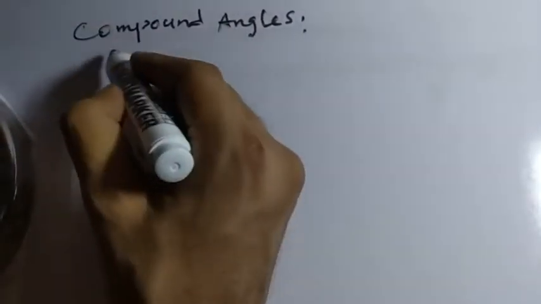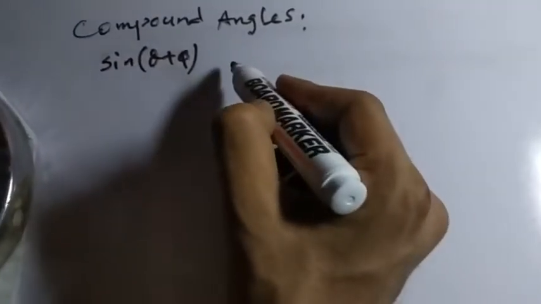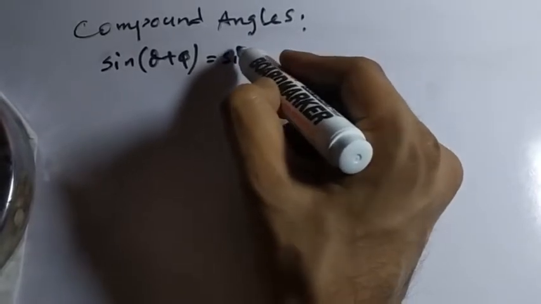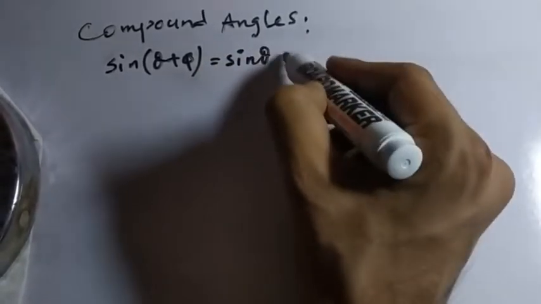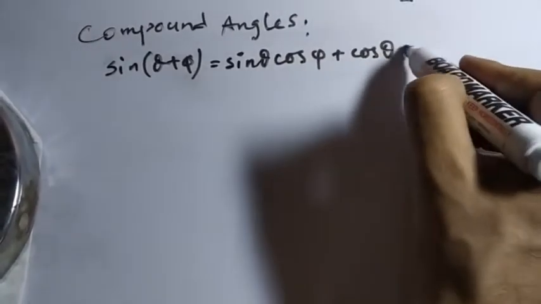the first formula we have seen is that sine of theta plus phi becomes sin theta cos phi plus cos theta sin phi.